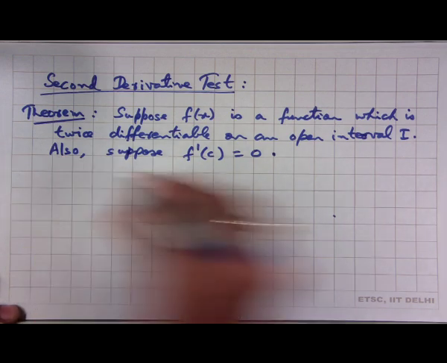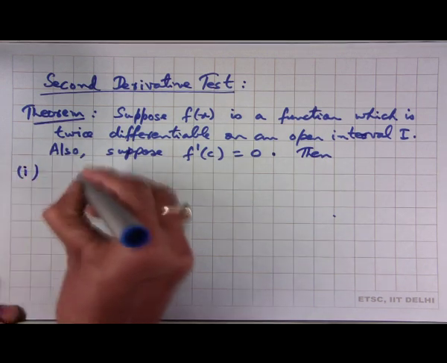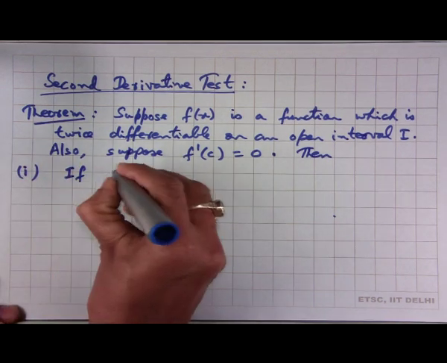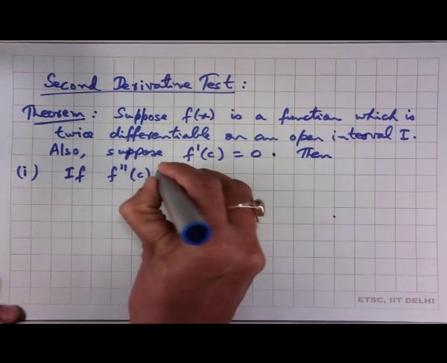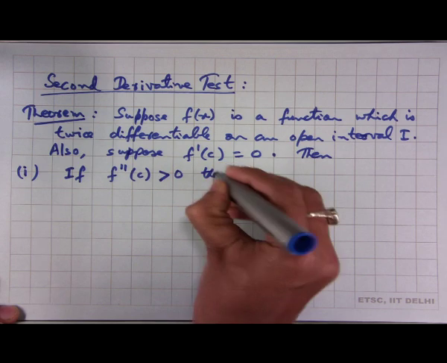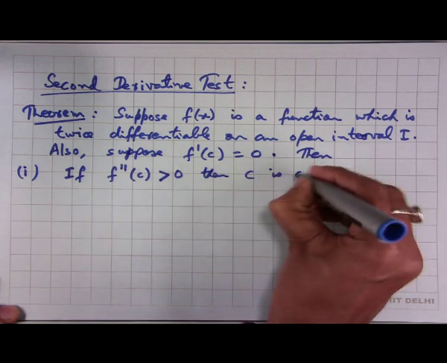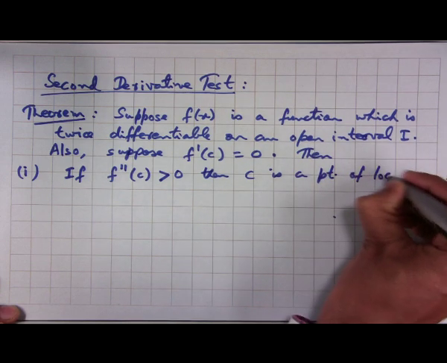So, then first is, if the second derivative f double prime c is greater than 0, then c is a point of local minima.